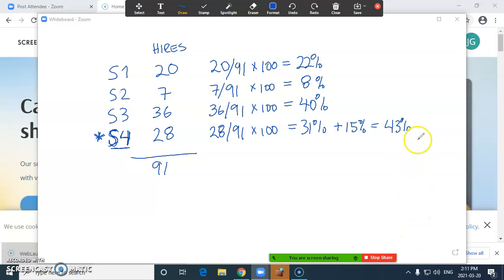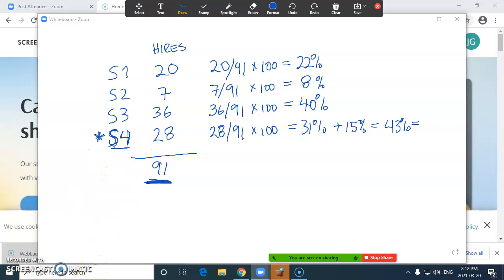So how many people would that equal? Well, we want to multiply by 91, because we're going to keep hiring the same amount. We're not changing the amount we're hiring here. We're going to hire 91. We want to find out the impact if we actually got 43% of our hires from source 4 instead of 28.